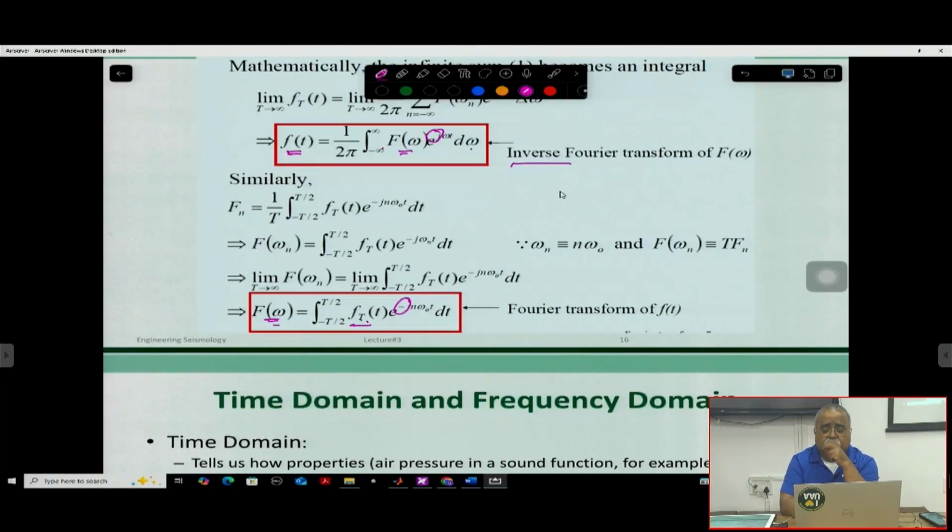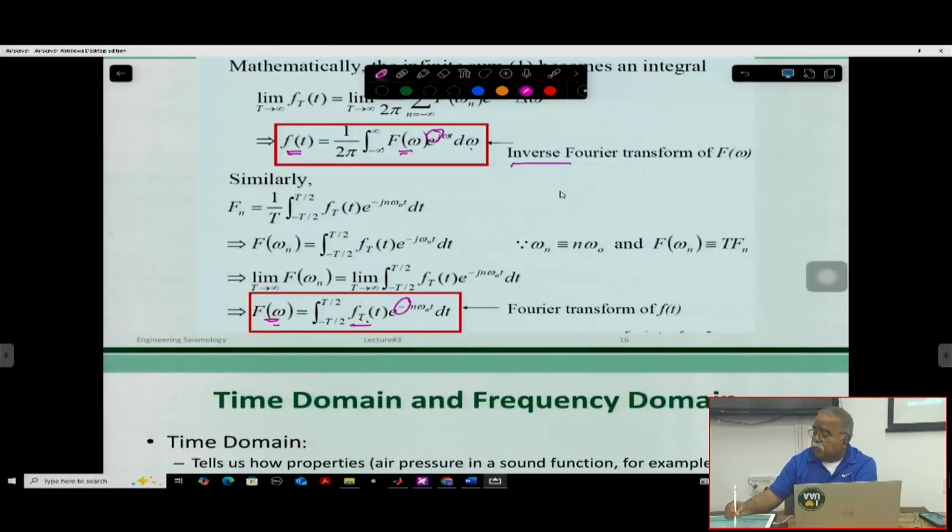This is what we call the Fourier transform of the function f(t), or the time domain function. And if we already have a frequency domain transformation, then you can multiply it with e to the power i omega t, and then you will be transferred back to the time domain, right?